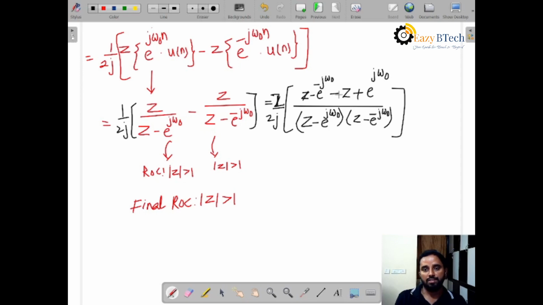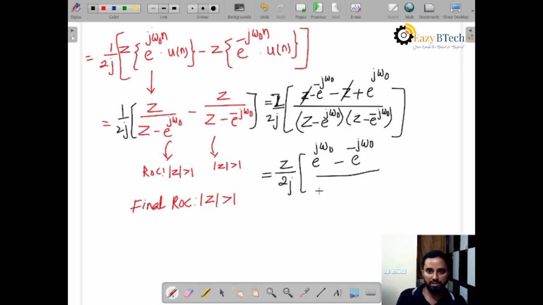So here plus z minus z cancel, and z by 2j, so here we have e power j omega naught minus e power minus j omega naught, and multiply this denominator: z into z square, and z into e power minus j omega naught, e power minus j omega naught.